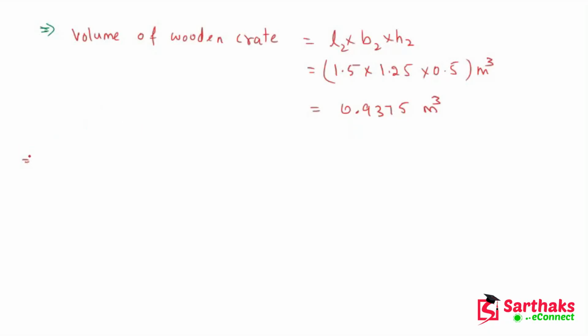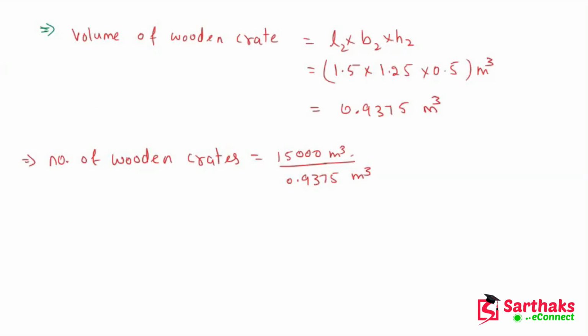Yes. Now number of wooden crates is equal to volume of godown, so this is 15,000 meter cube divided by volume of one crate, which is 0.9375 meter cube.